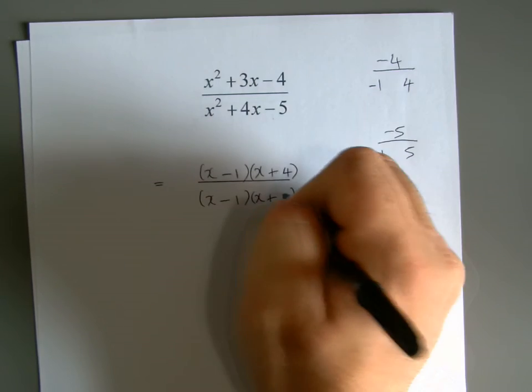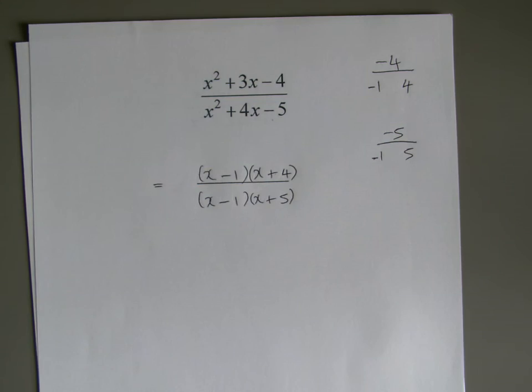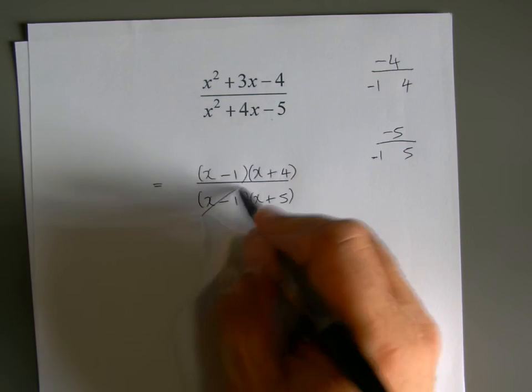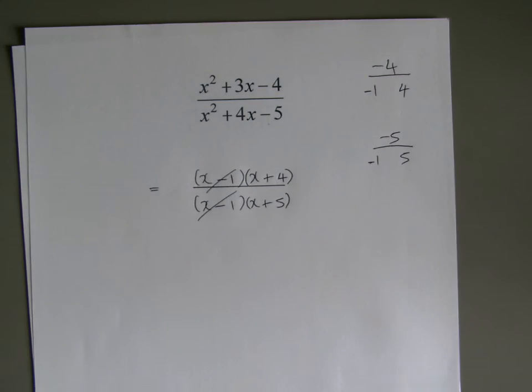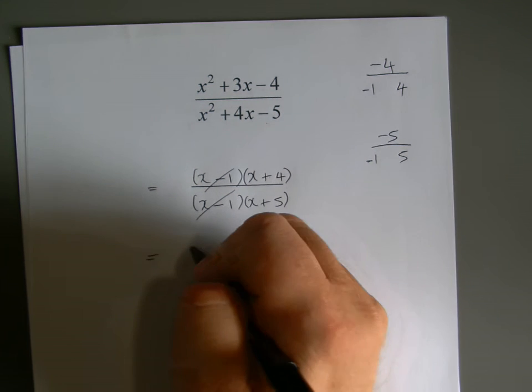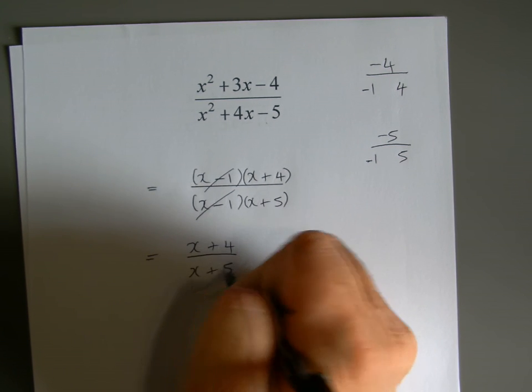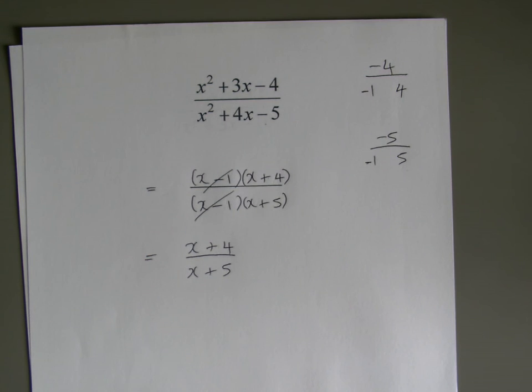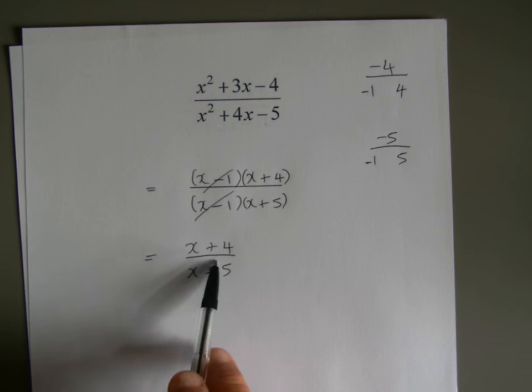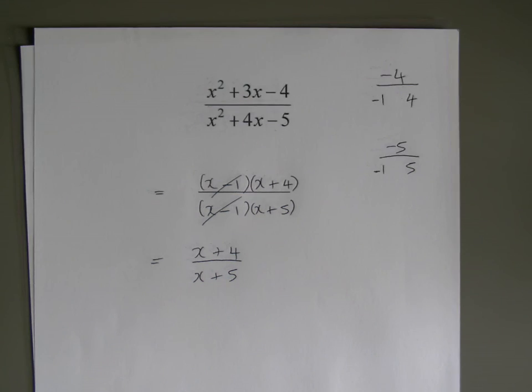And what you'll see, of course, is that we've got a common bracket on top and bottom. The x minus 1s cancel, so you end up with x plus 4 on the top and x plus 5 on the bottom. And that's it. Sometimes you end up with a fraction as your answer, but we simplified, didn't we? That looks a lot simpler than this.